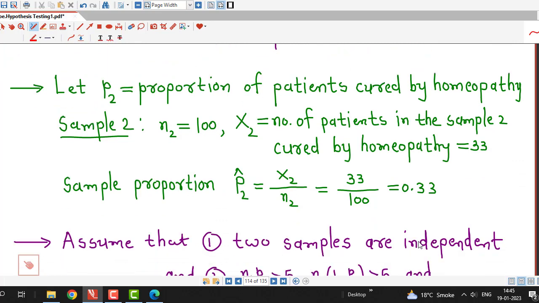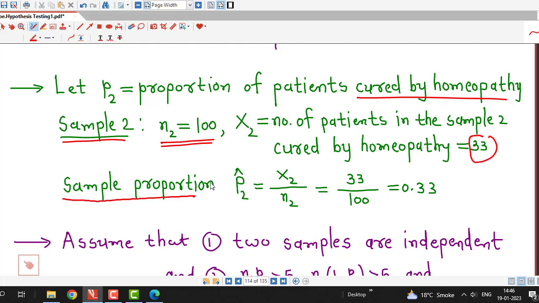Similarly, we denote proportion of patients cured by homeopathy by small p2, and sample 2 is the data for patients cured by homeopathy. So they are taking 100 patients and they find that the number of patients out of 100 who are cured by homeopathy are 33.